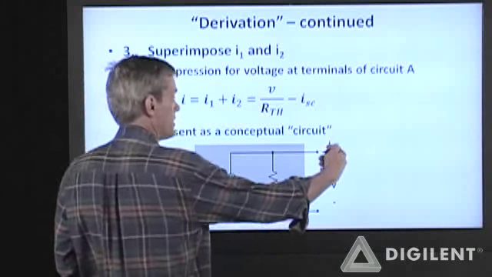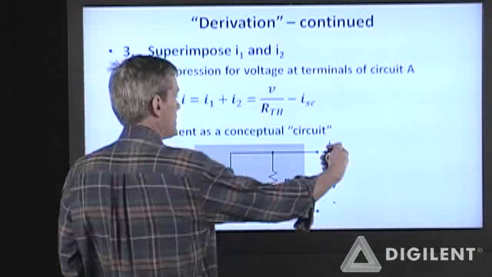The current here is the negative of this source current plus this voltage over this resistance, which is the current through this Thevenin equivalent resistance. So we see that this representation is equivalent from a voltage current characteristic at the terminals to our original circuit.